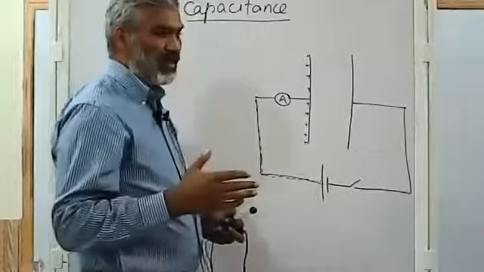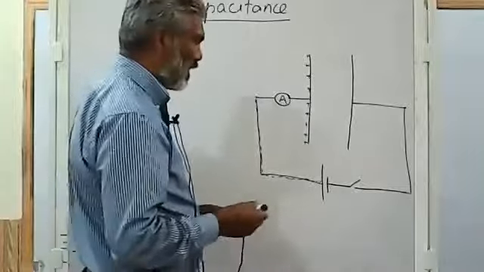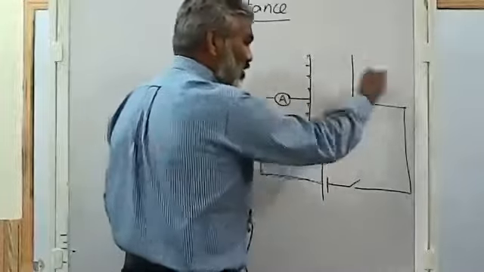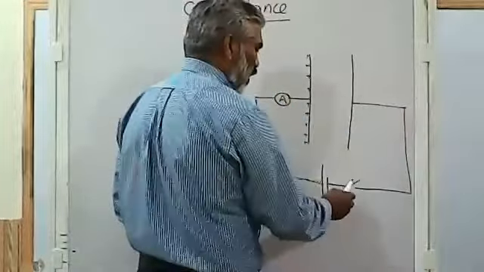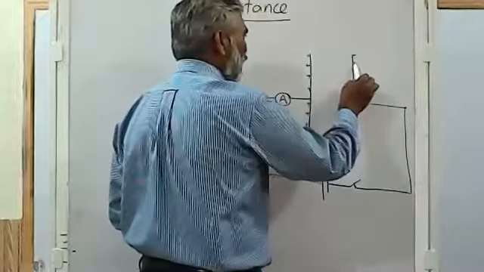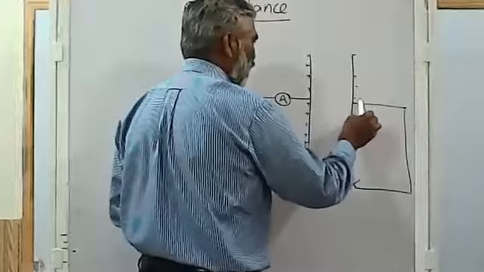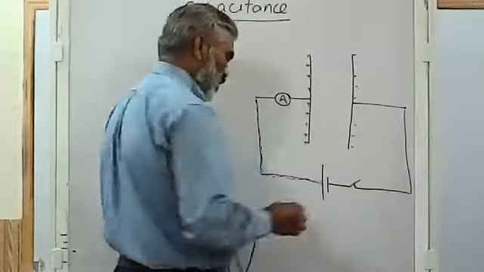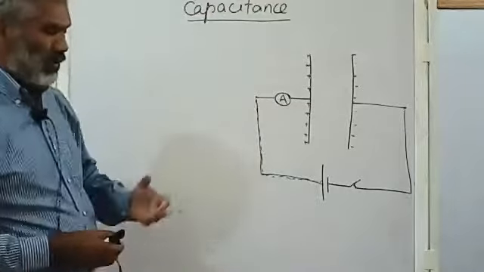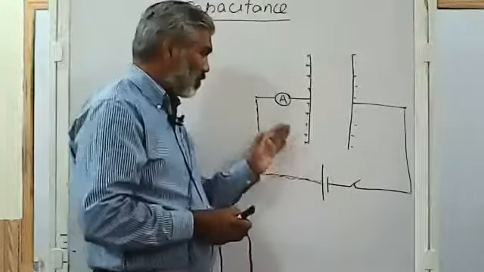But one thing that will side by side take place is that these positive charges will attract equal and opposite negative charges from this side. So this will result in accumulation of an equal amount of negative charge on this plate. So induction is the idea which is at work here.